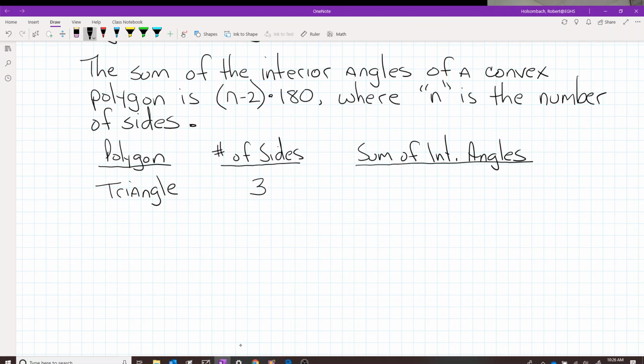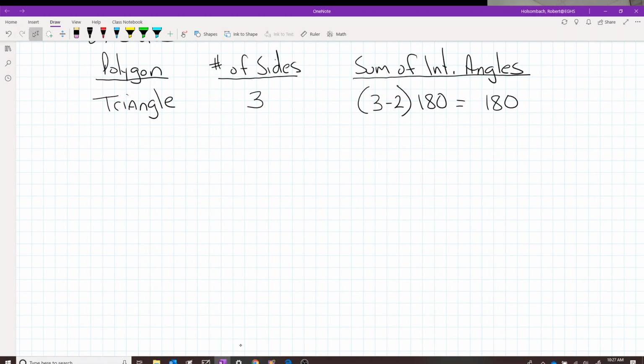So the sum of the interior angles for a triangle would be 3 minus 2 times 180. 3 minus 2 is 1 times 180 equals 180. But you already knew that, right? I hope. That's the mathematical explanation.